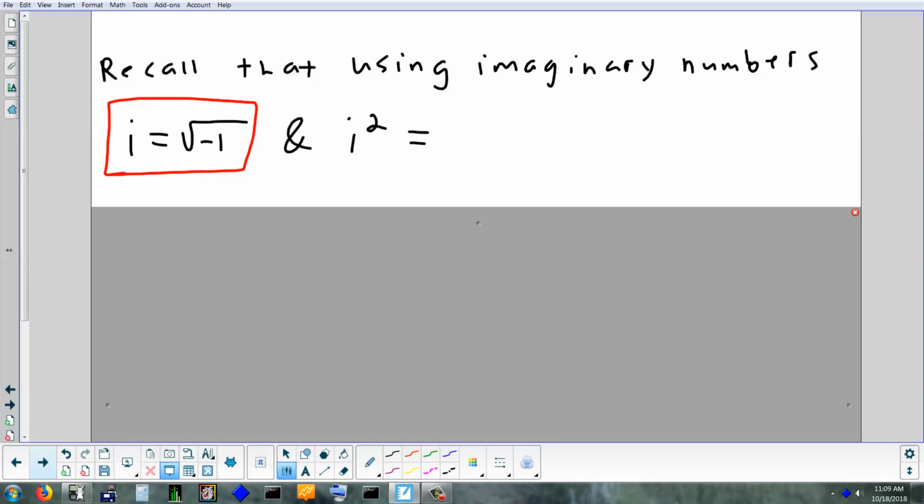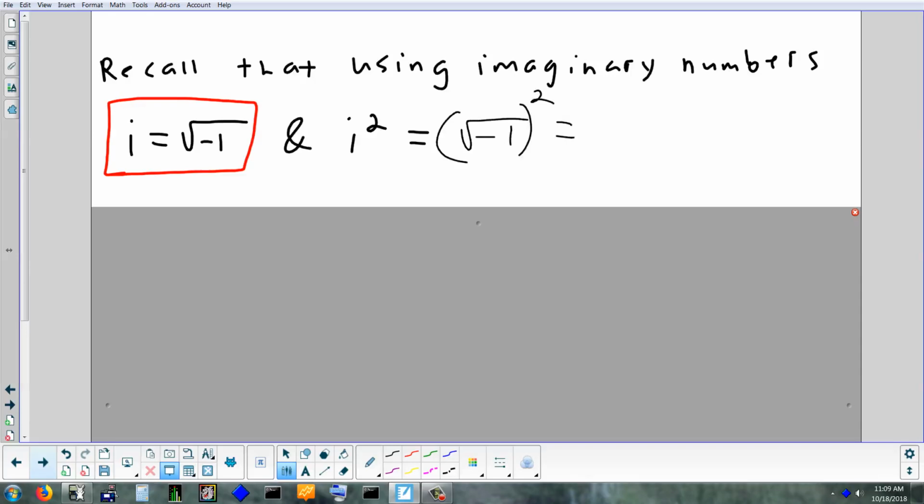i squared. Well, if i is the square root of -1, that means you have this, i squared. Well, what happens when you square and square root? It becomes just the number, right?